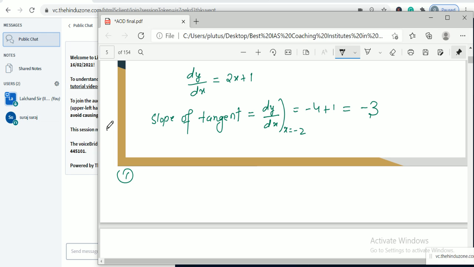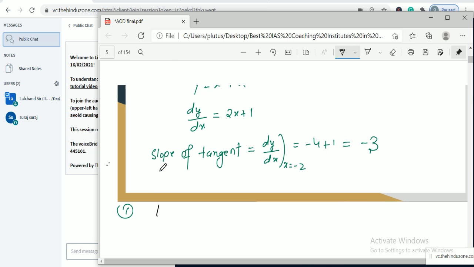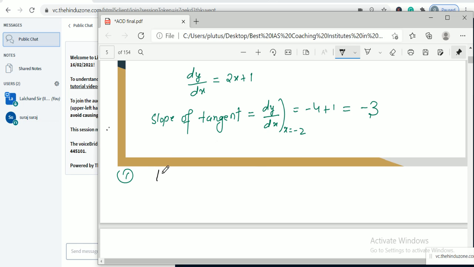If we have a point and a slope, how to write the equation? So our equation will be y minus, let's write the point first. What is our point? The point is minus 2, plus 2. And what is the slope value? M value for tangent, that is minus 3.